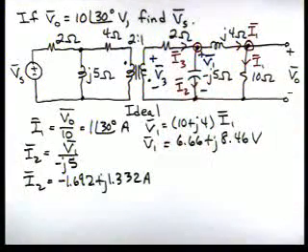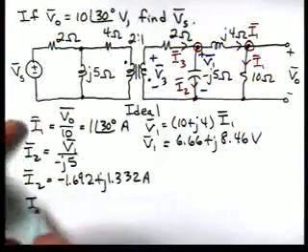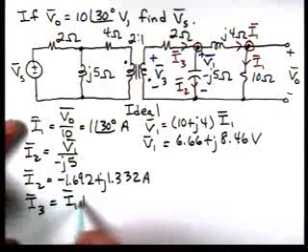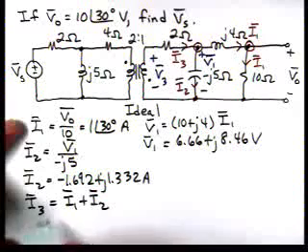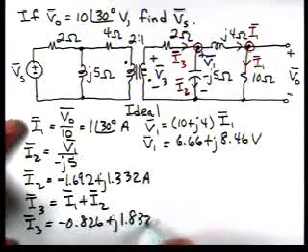So if we look at our circuit, then I3 is I1 plus I2, and that gives us that I3 is minus 0.826 plus J 1.832.